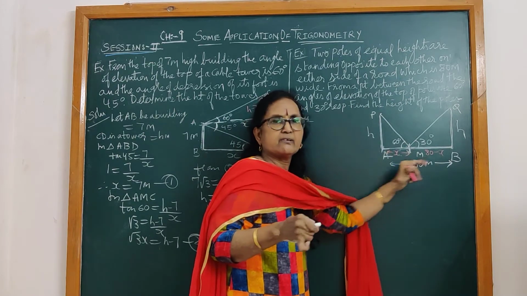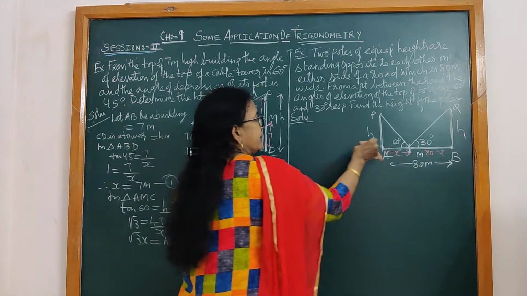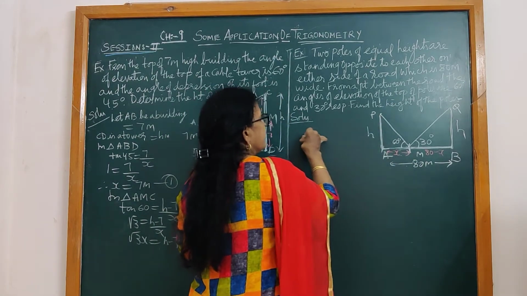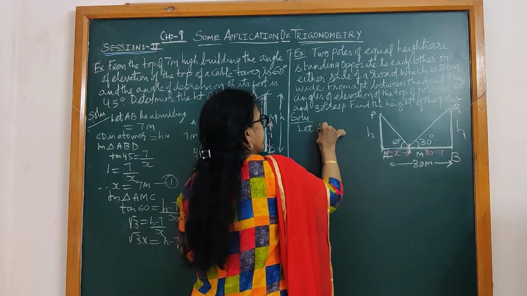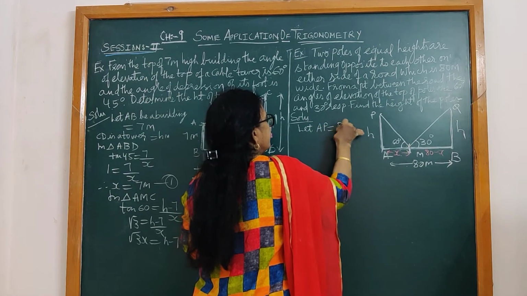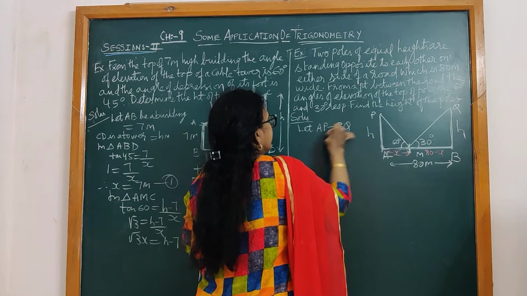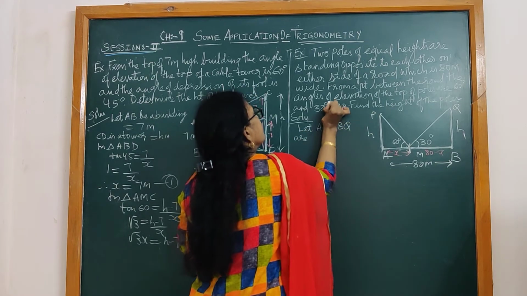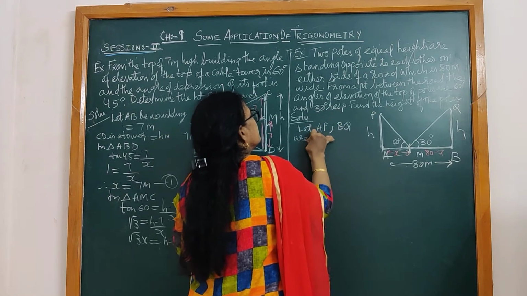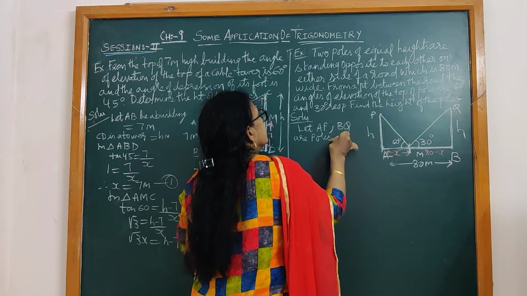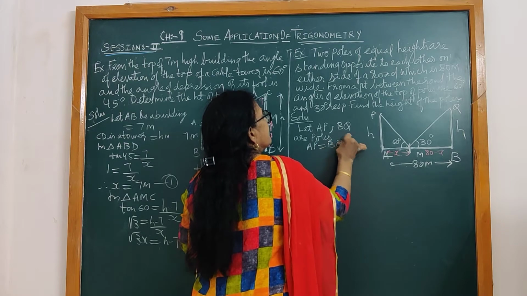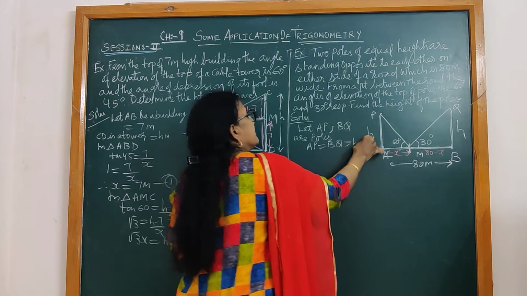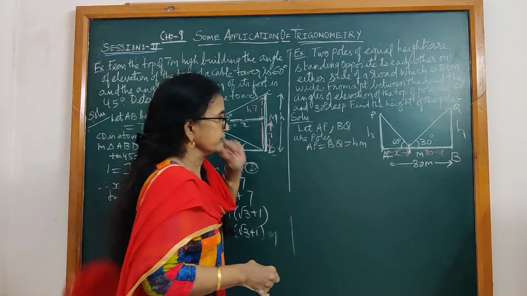Now we will solve. AP and BQ are the poles. AP is equal to BQ is equal to h. That is the height of the pole.